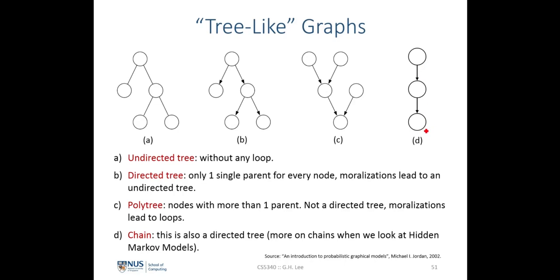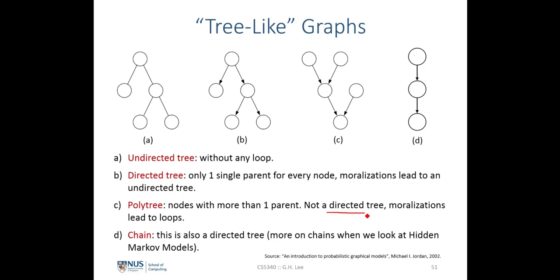So this fulfills the two characteristics of the tree-like graph, where there's no loop and every single child node only has one particular parent node in the graph. And in this case here, this is what we call the polytree.